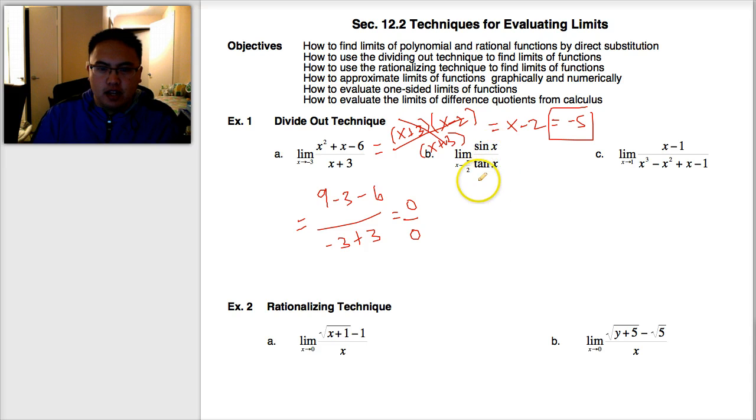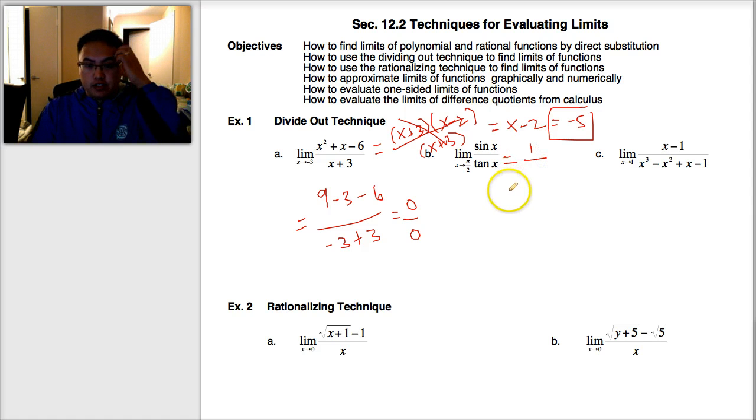Here's another problem. You might need to put in a unit circle, but it says the limit as x goes to pi over 2 of sine and tangent. Okay? If I plug in pi over 2, sine of pi over 2 is 1.